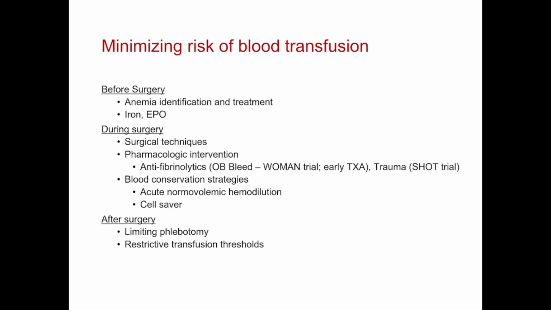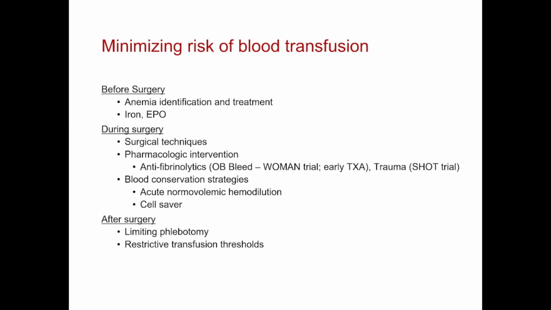How do we minimize the risk of blood transfusion? There are several ways to do this. Before surgery, you could do anemia identification and treatment: give iron, either oral or intravenous, or EPO. During surgery, surgical technique is important. Pharmacologic intervention is also helpful, like antifibrinolytics.